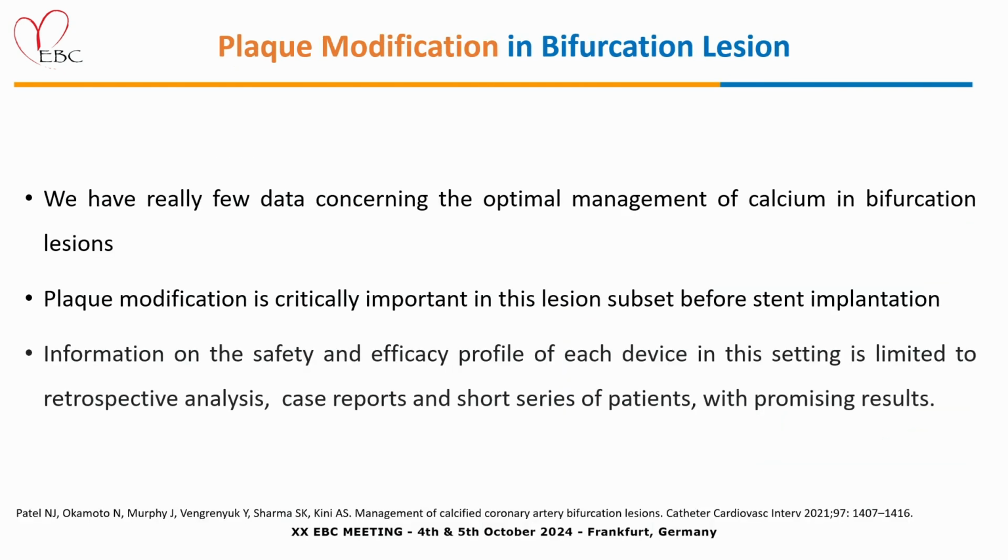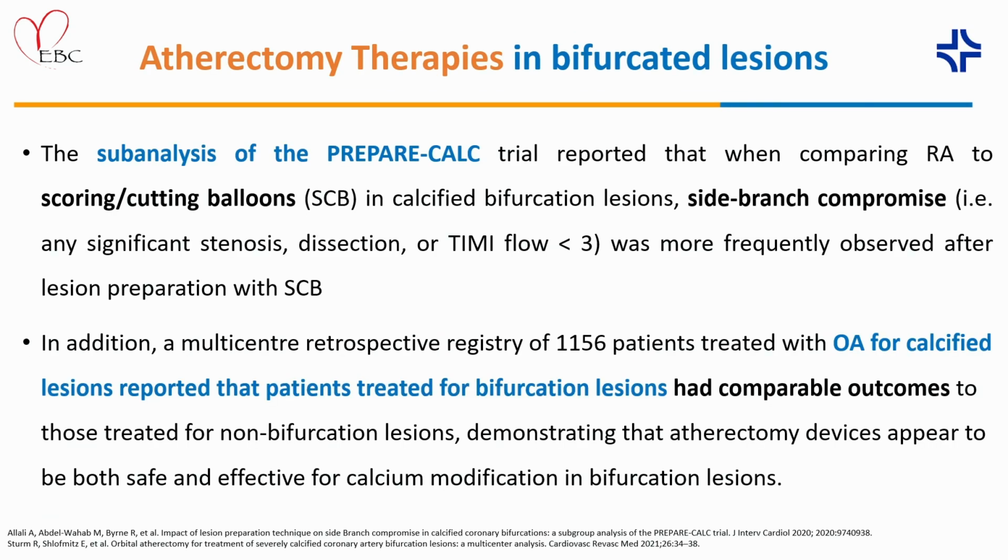But in fact, when we talk about plaque modification, we don't have data. We have registries, retrospective studies, and some cases, but not a lot of information in this field. When I reviewed PubMed, I found some trials about atherectomy therapies in bifurcation lesions.